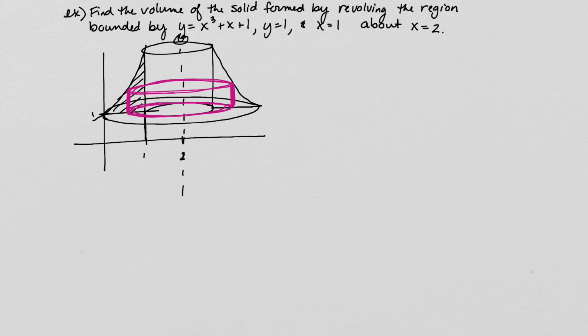Okay, so in this problem, before I start sticking stuff in, we need to figure out what the height is, and then we also need to figure out what the radius is. So before I actually plug into my formula, let's figure these things out. So the height: I always want to go on the side where it's shaded.